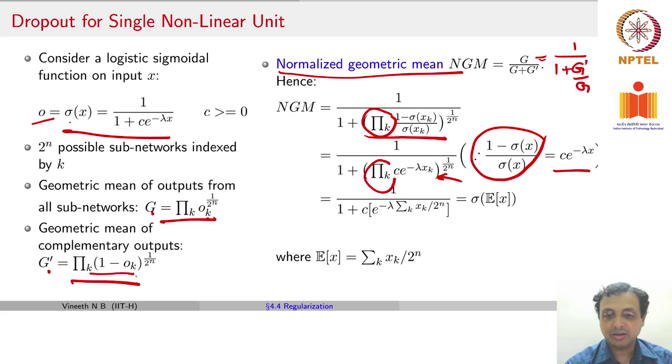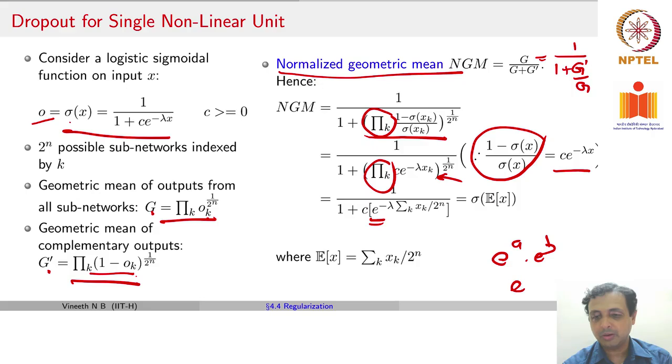Now, this product can be converted to a summation inside the exponential term. Remember, e power a into e power b is e power a plus b. Using that idea, this product can be converted to a summation inside the e power term, and that's how you go from here to here.